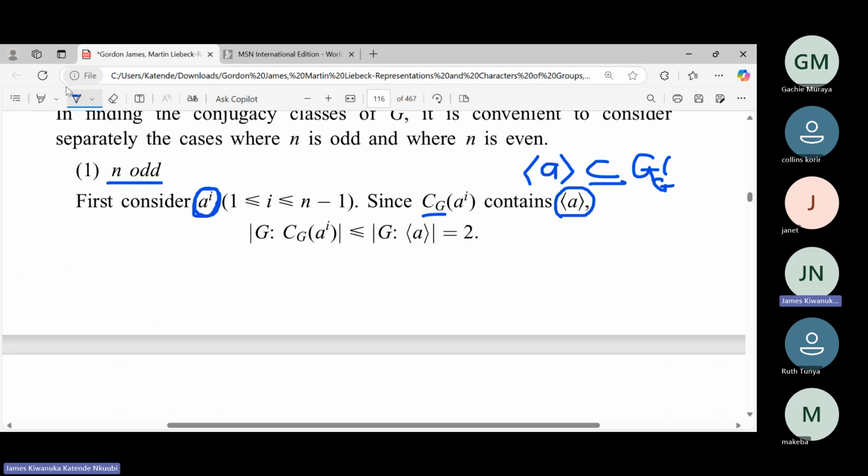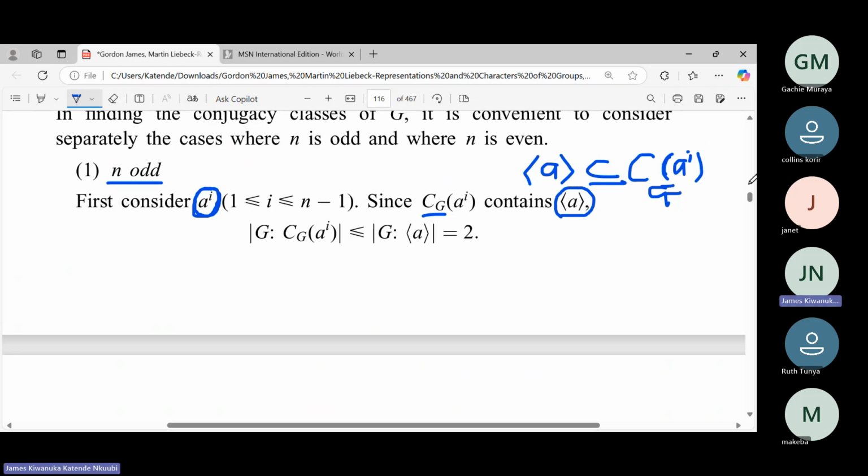That is the centralizer, not G. So what we are looking at here is the centralizer in G of a^i.